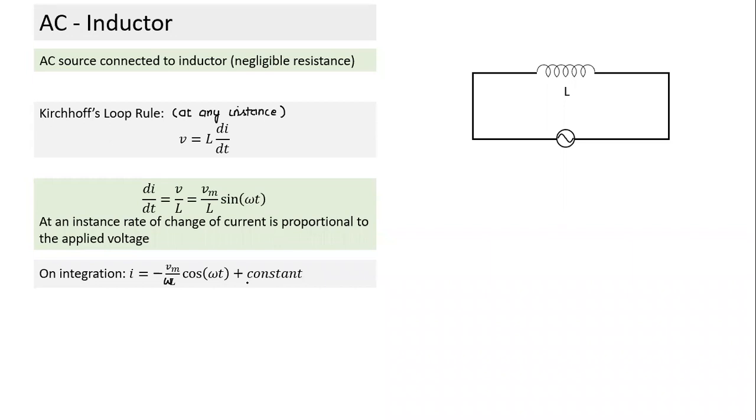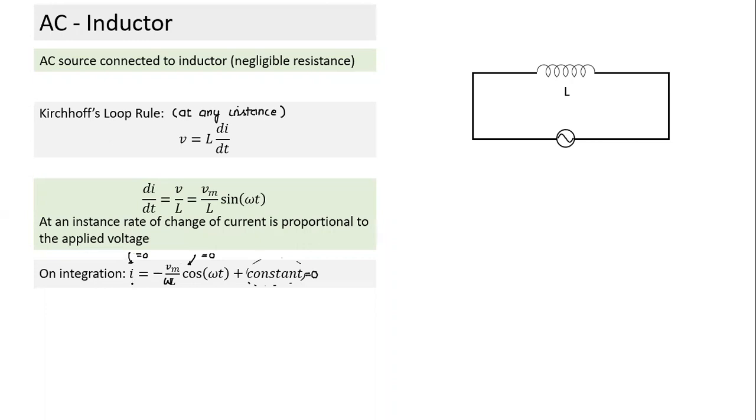But can we figure out what the constant term is? What we understand here is that this current is an oscillating term, and this is also an oscillating term. If I take the sum over a time period, this has to be 0, and this has to be 0. So if these two have to be 0 over a time period T, the constant also has to be 0. Only then will this condition hold good.